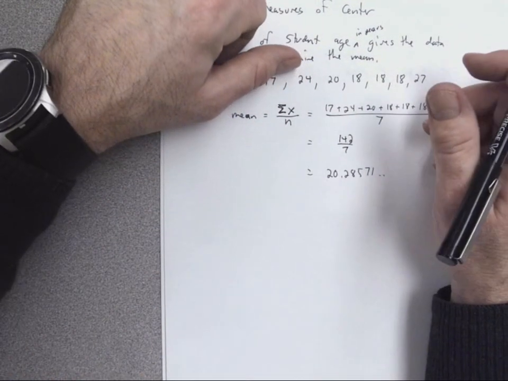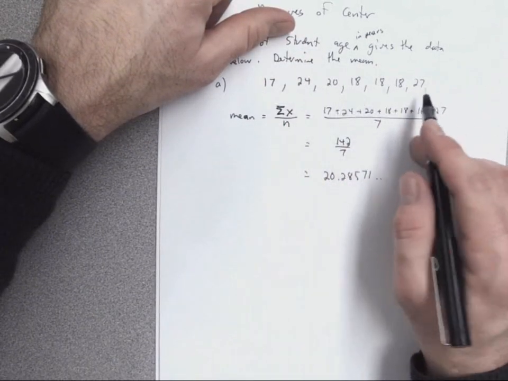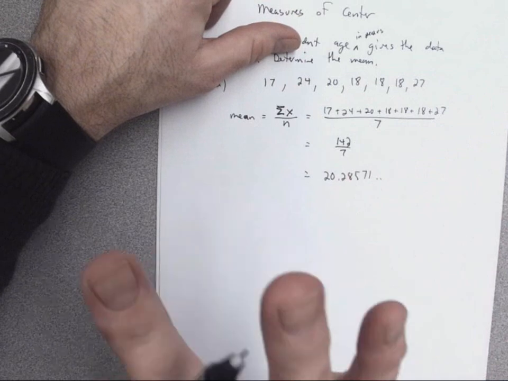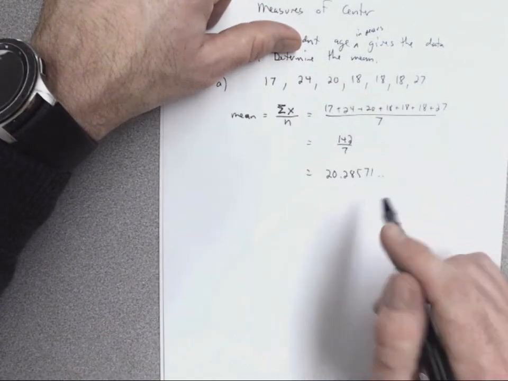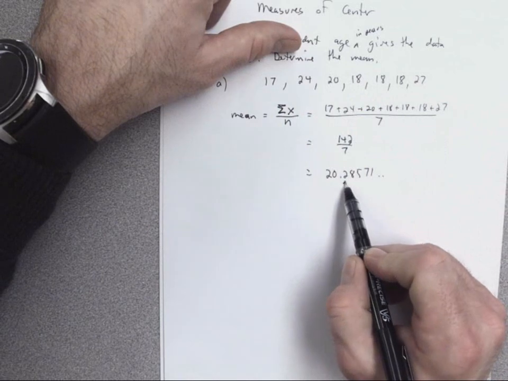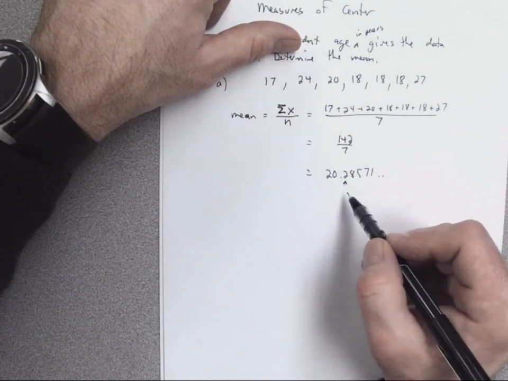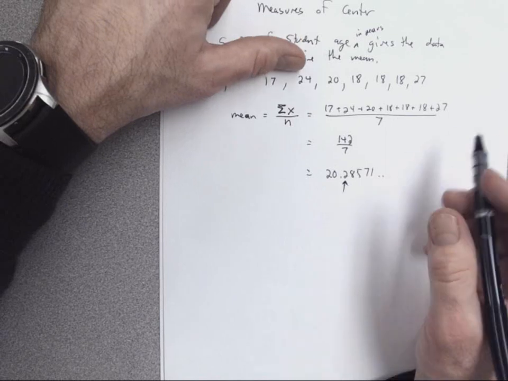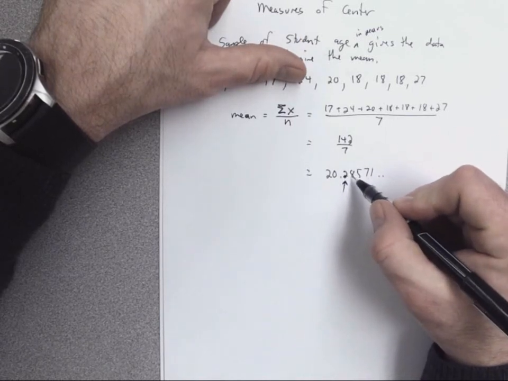When we round, we go one decimal past the given data. The given data were integer values of years, so we're going to go one more to the right, to this number right here. To round this number, we look at the number after it.